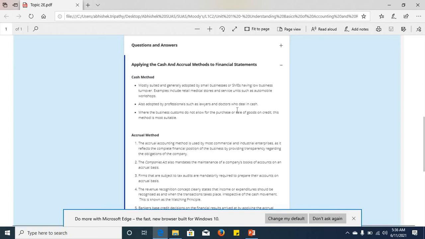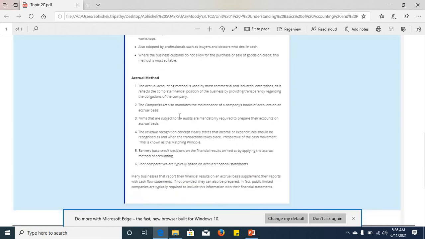Also adopted by professionals such as lawyers and doctors who deal in cash, where business customs do not allow for the purchase or sale of goods on credit. So cash method is not widely used. It is mainly used by small businesses, professionals, and where there is no custom of credit sales and credit purchase. But accrual accounting is used by most commercial and industrial enterprises, as it reflects the complete financial position of the business.